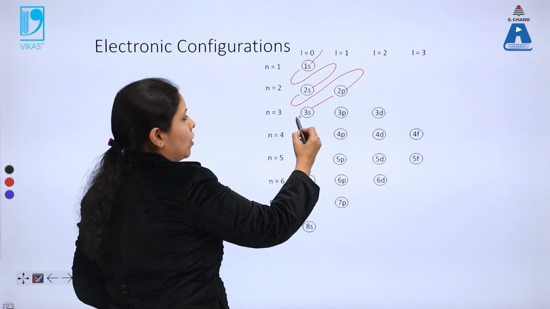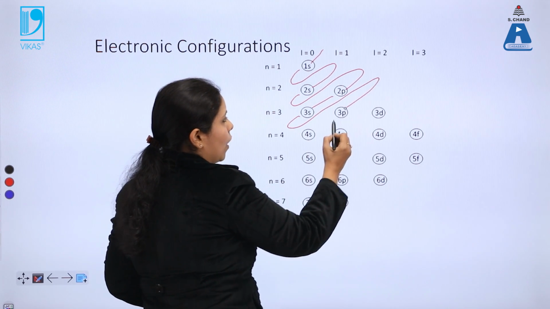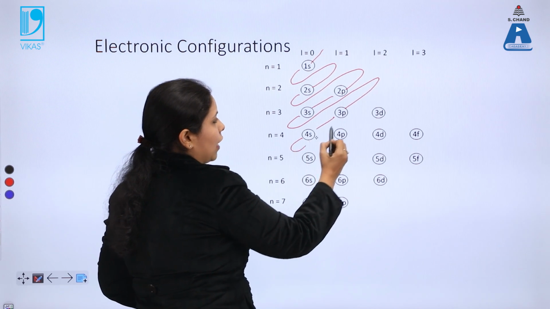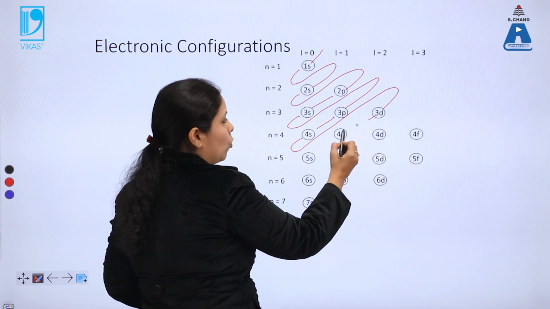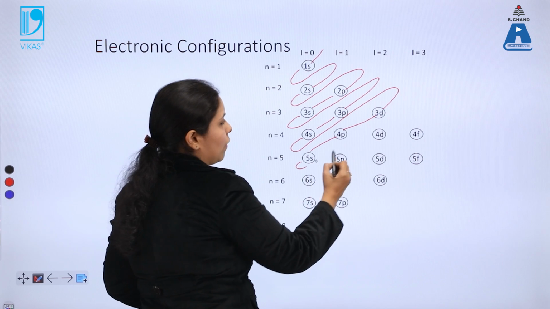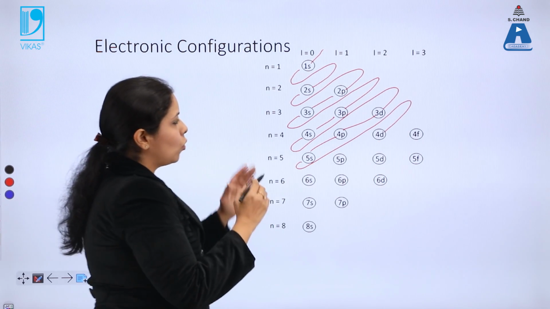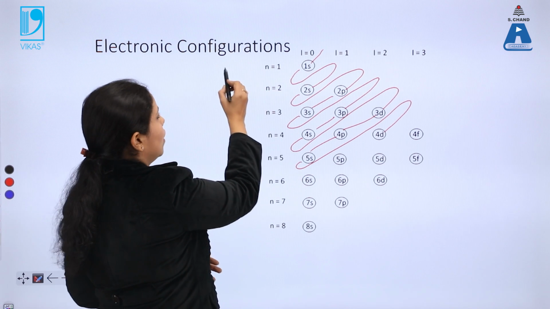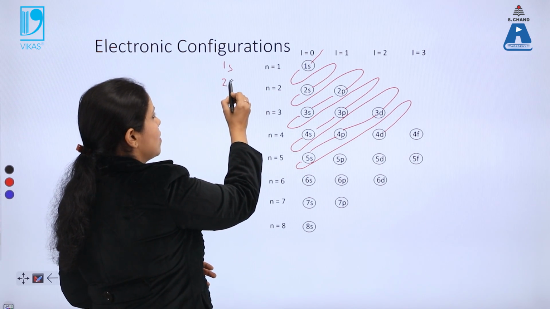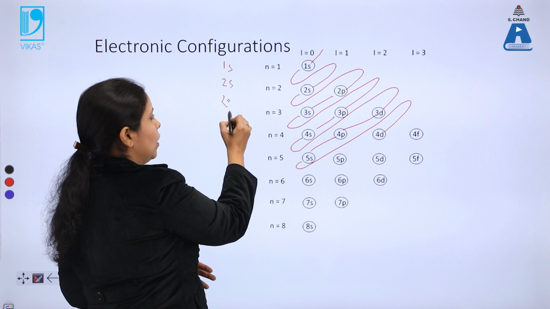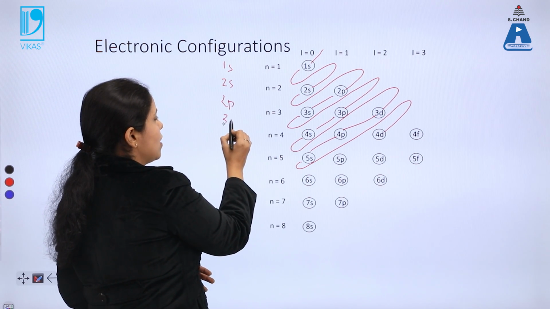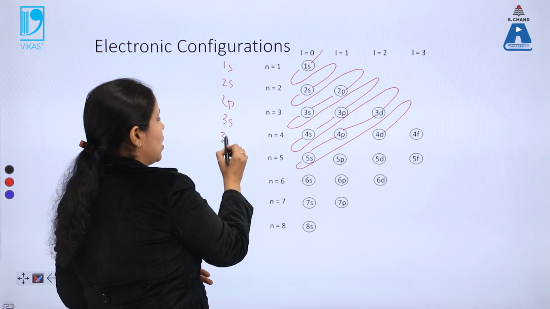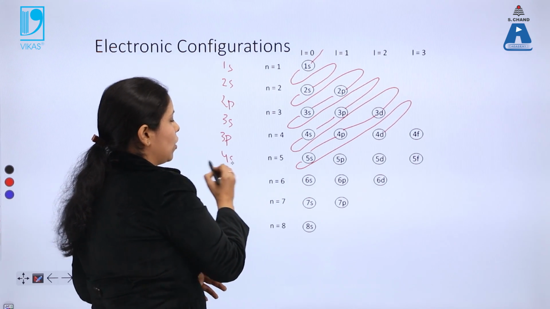When we draw energies like this, we can find out which orbital has the lowest energy and which has the higher energy. So the lowest energy orbital is 1s, then 2s, then 2p, then 3s, similarly 3p, 4s, you can find out the values.